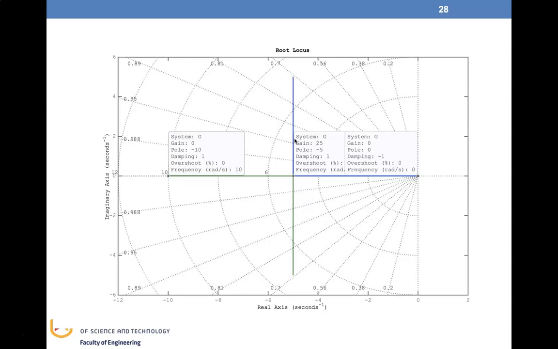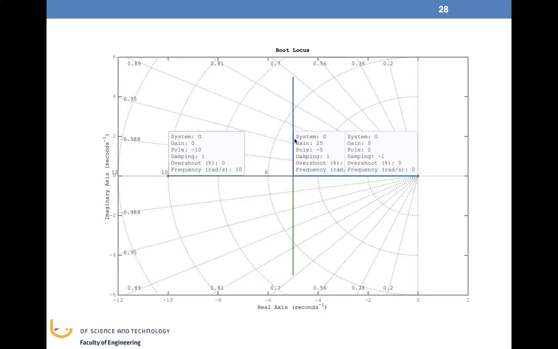Also, as we increase the gain, the damping ratio decreases and hence our percentage overshoot increases. Since the damped natural frequency is equal to the imaginary part of the pole, as the gain increases, there will be a reduction of the peak time.